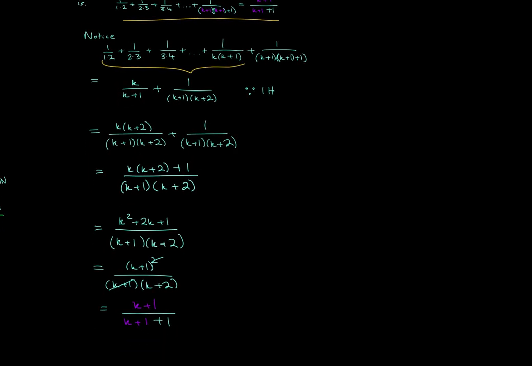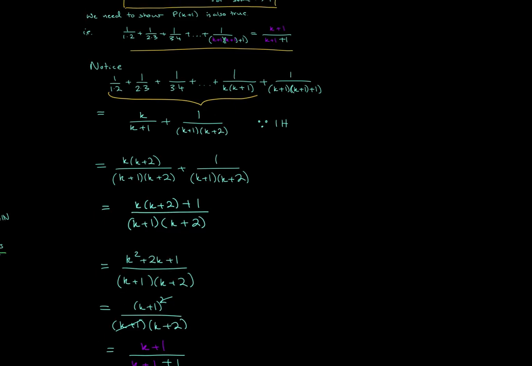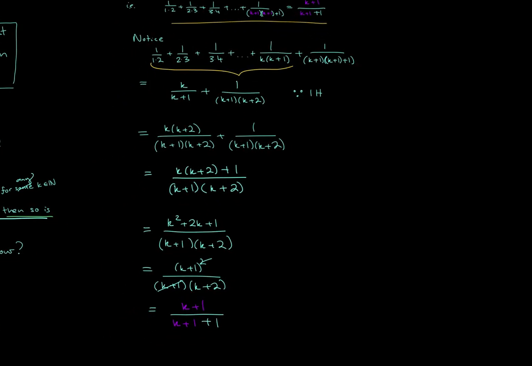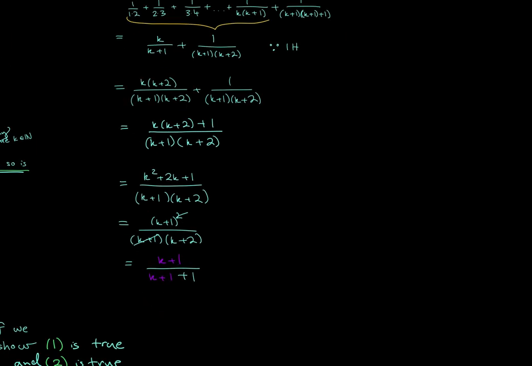And notice this. Our goal was to show this right here. We started on this side, using the inductive hypothesis right here, we were able to go from this side to this side through all of these steps and land at the other side. And therefore, we're almost done.